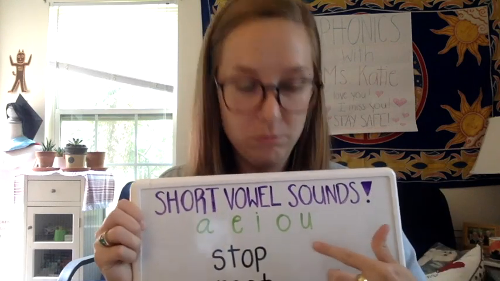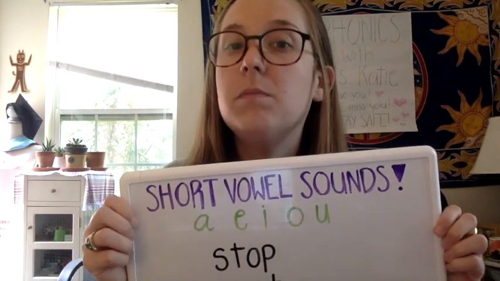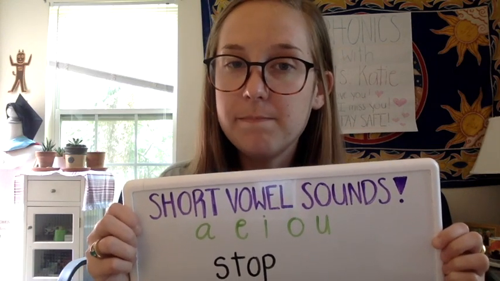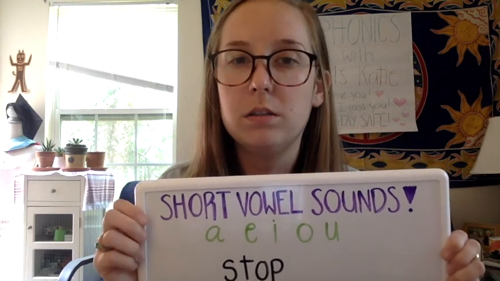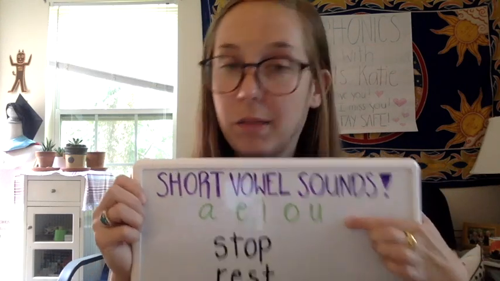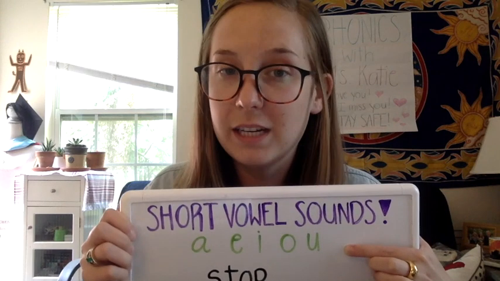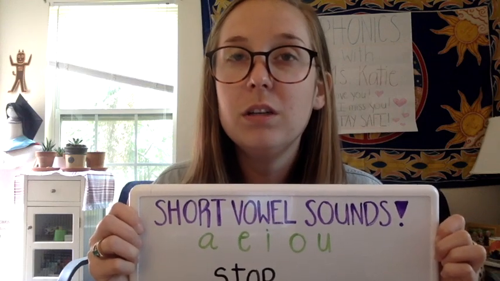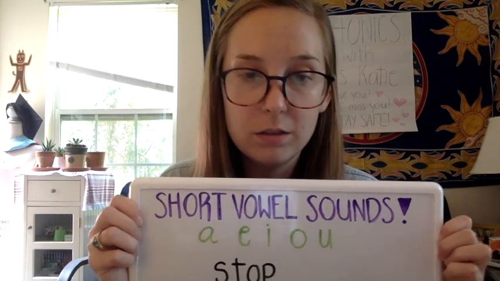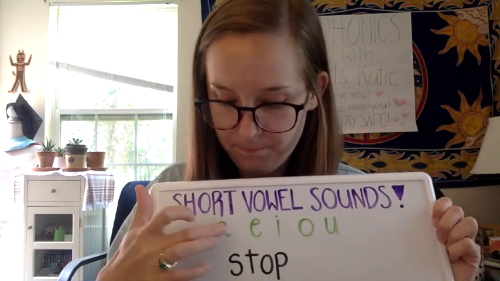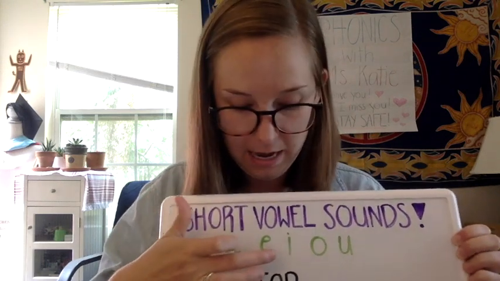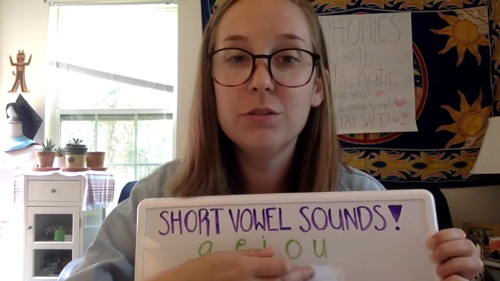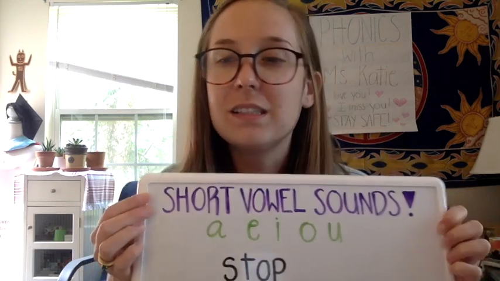Same for O. A long O is going to say O, but a short O says ah. And the same thing again with U. U can either say its name, or it can sound like uh, okay? So A, E, I, O, U, okay?